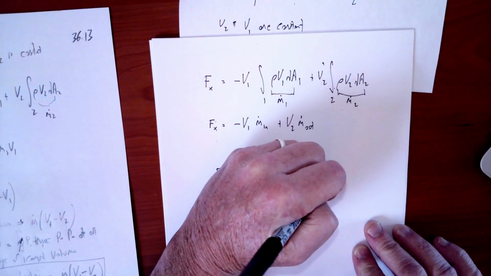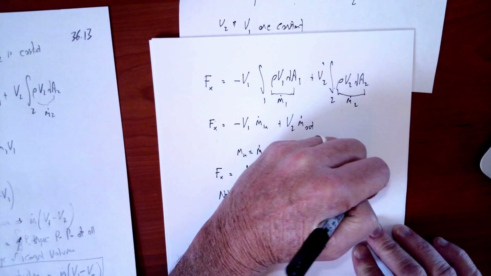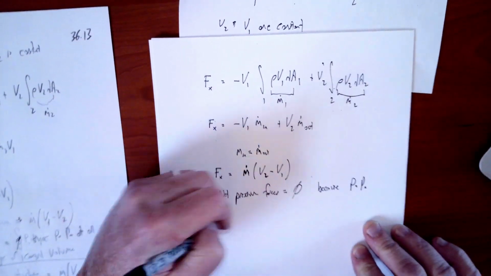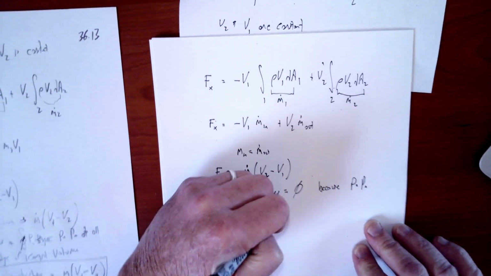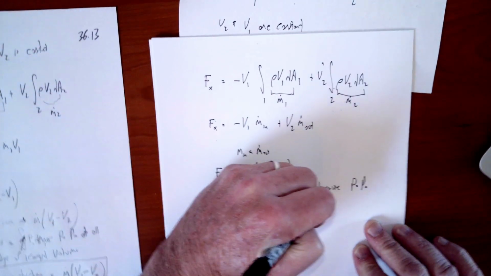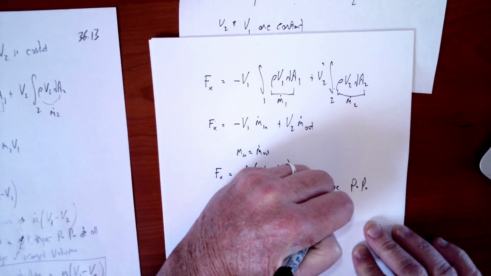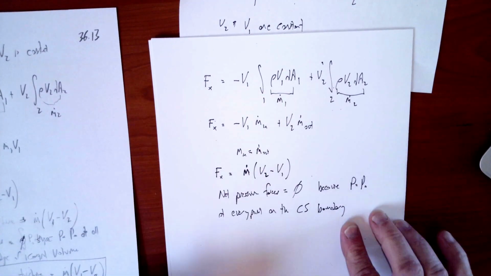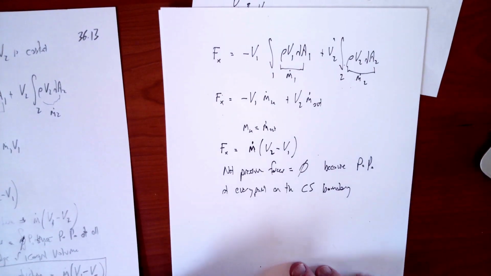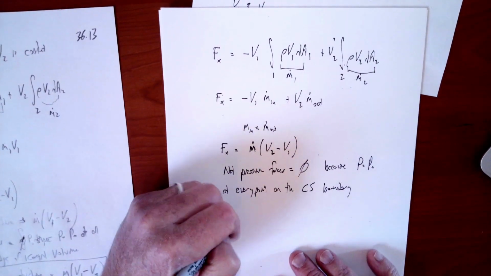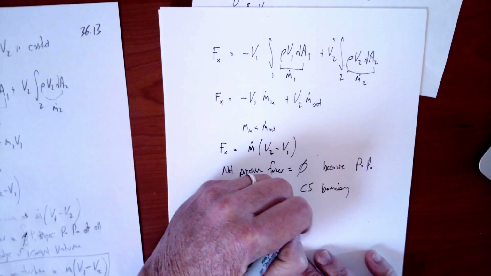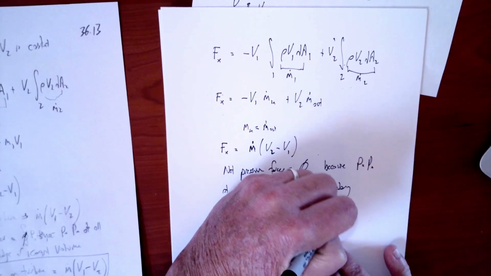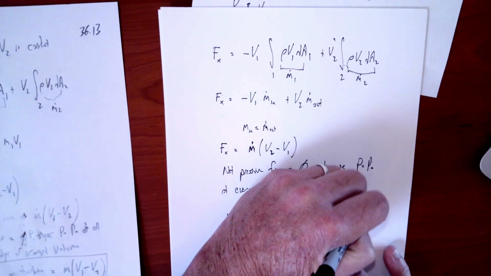Net pressure force equals 0 because P equals P0 at every point on the control surface boundary. So there's no net pressure effect. The net force on the turbine then is equal to m dot times (v1 minus v2).